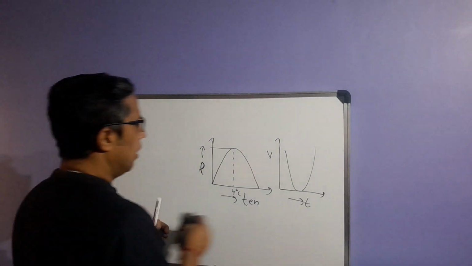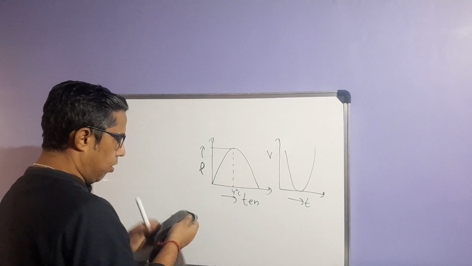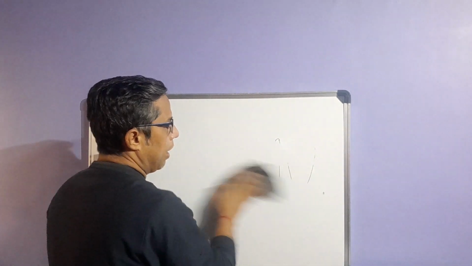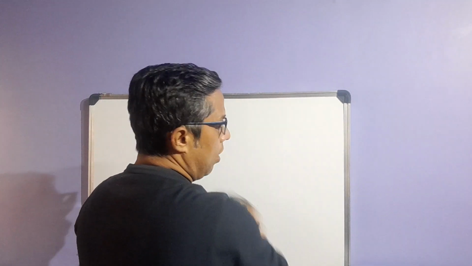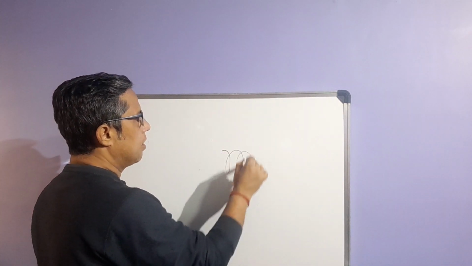Now next is the magnetic pole direction. What will be the direction of the magnetic pole for an electromagnet? We have a coil like this.